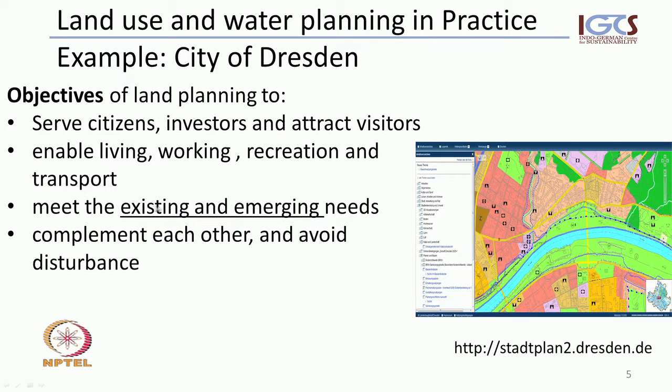Again, it's not just looking into what people today demand and what industries or some specific sectors want to see happening today, but there should also be a wise view into the future, where some of the things should be predicted or foreseen, and space for such emerging needs, facilities, land or whatever is required, should be built into the planning at this point.